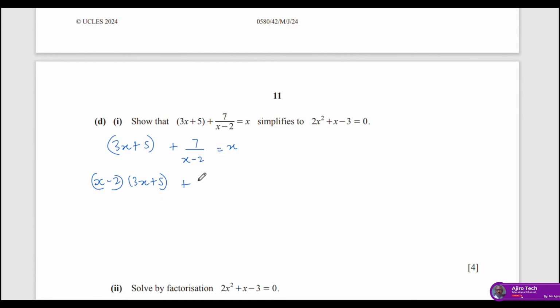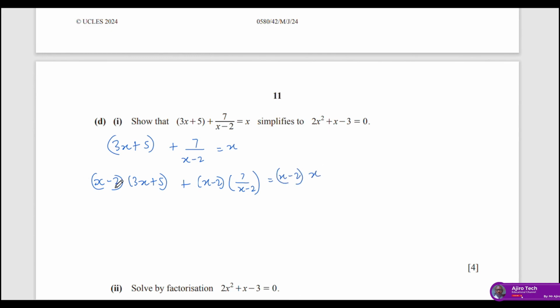So we have x minus 2 into 7 over x minus 2, equal to x minus 2 into x.